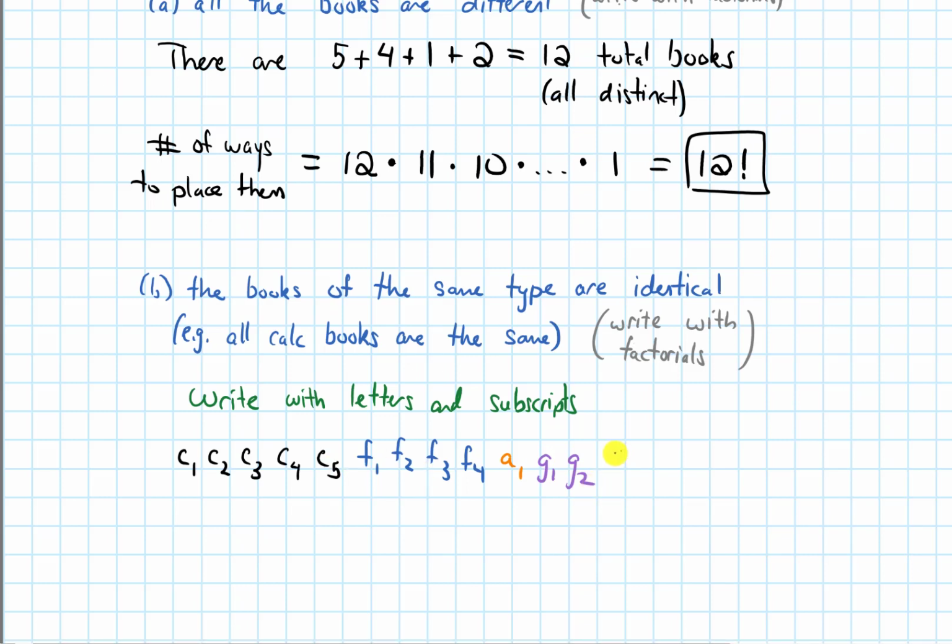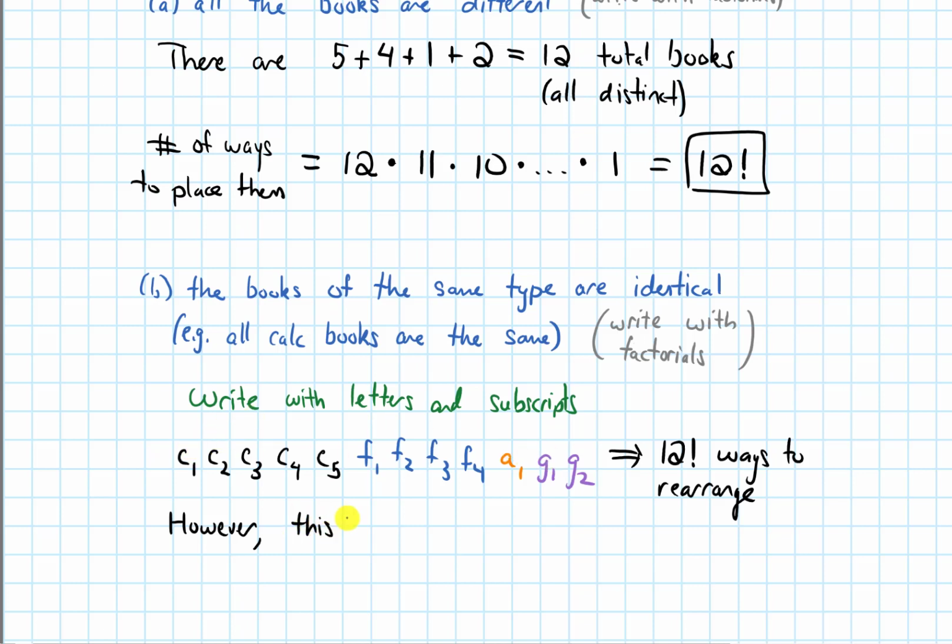So with this labeling, just as above, we still have 12 objects. And at first glance, there's 12 factorial ways to rearrange these 12 objects. However, 12 factorial says the order in which you place those 12 objects matters.